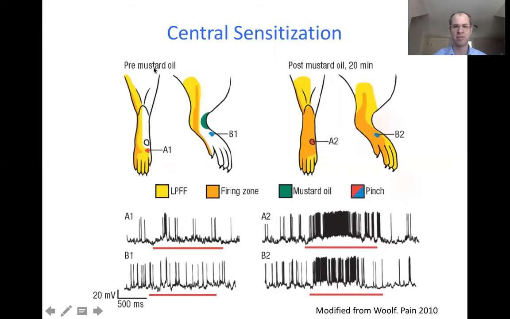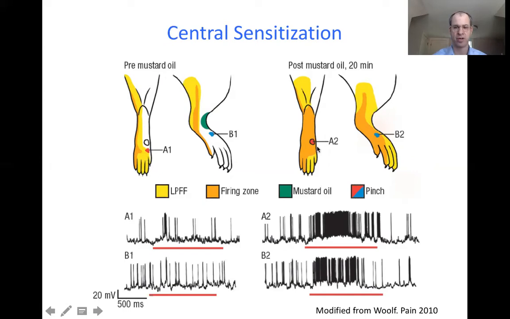At baseline, before a stimulus that induces central sensitization, in this case mustard oil, one can stimulate different areas of an animal's paw and then record, in this case, a motor output. You can see that with stimulation of this low probability firing fringe region, the stimulation is indicated with the red bar, there's an increase in the output response.